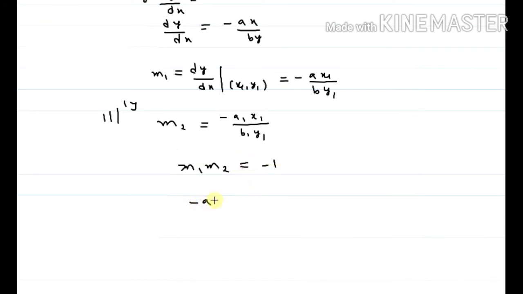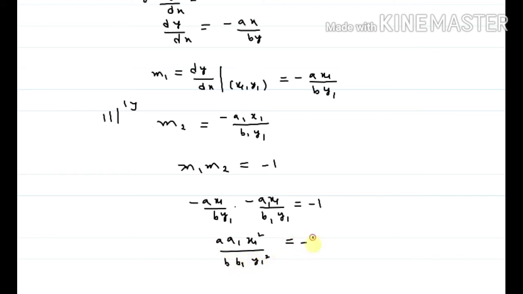So minus a x1 divided by b y1 into m2, that is minus a1 x1 divided by b1 y1, is equal to minus 1. So here I get a a1 x1 square divided by b b1 y1 square is equal to minus 1.